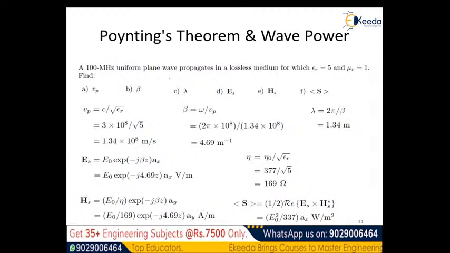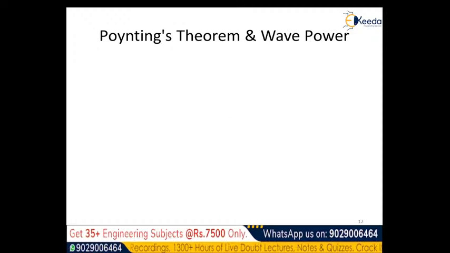In the next problem, we are again given information with respect to the electric wave in phasor form and the impedance, the material impedance here, and then we are going to determine HS and further the power density. So here we have the problem statement.